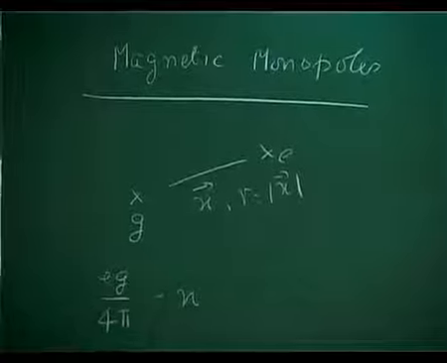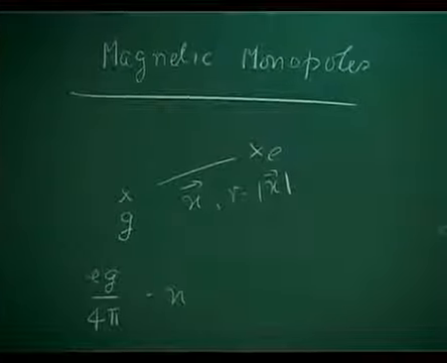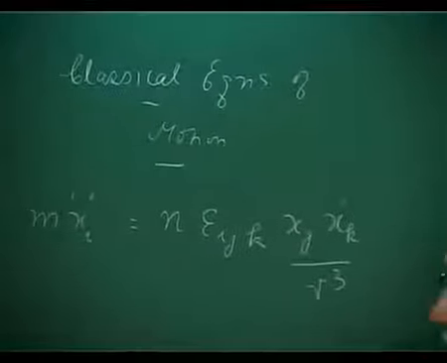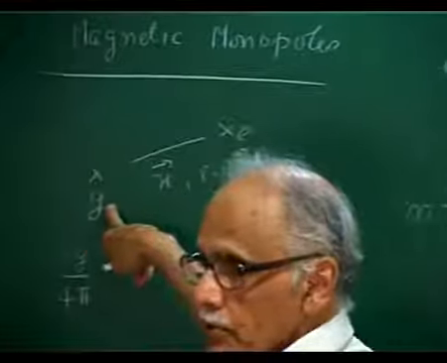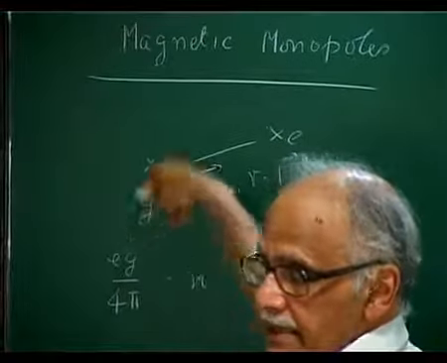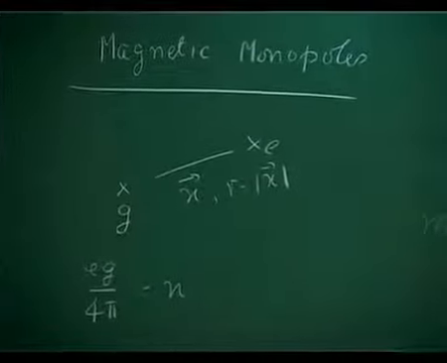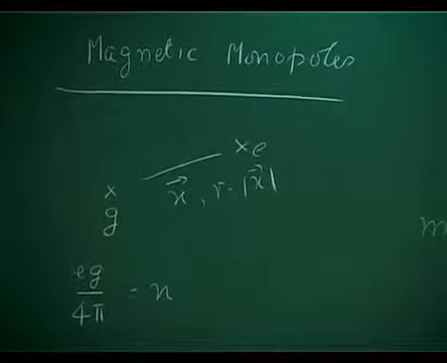The right hand side is just the Lorentz force term, where the magnetic field of the monopole is G times x over r squared. So you write E cross B, you get this.